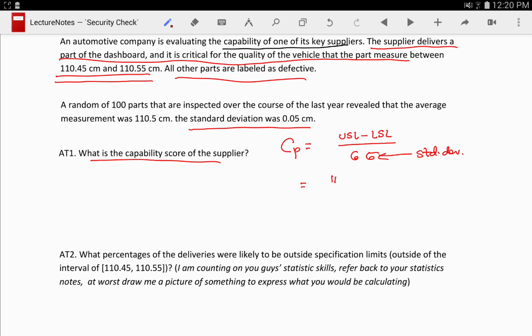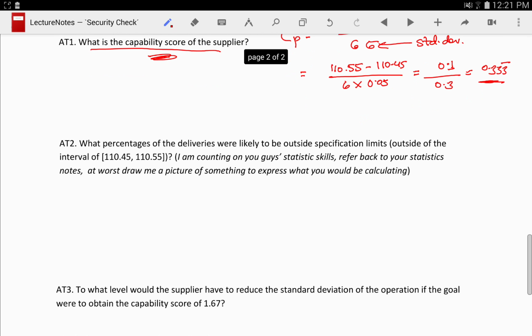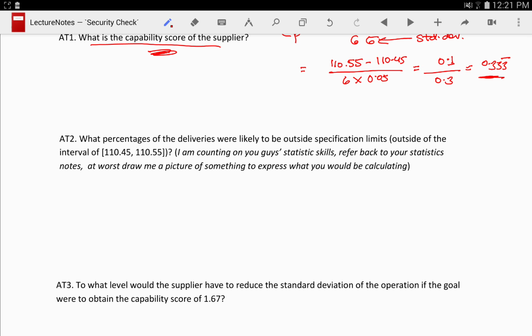Your upper specification limit is 110.55, your lower specification limit is 110.45, divided by 6 times the standard deviation 0.05, so this is 0.1 divided by 0.3, which comes out to be 0.333. So the CP has no units, CP is 0.333.